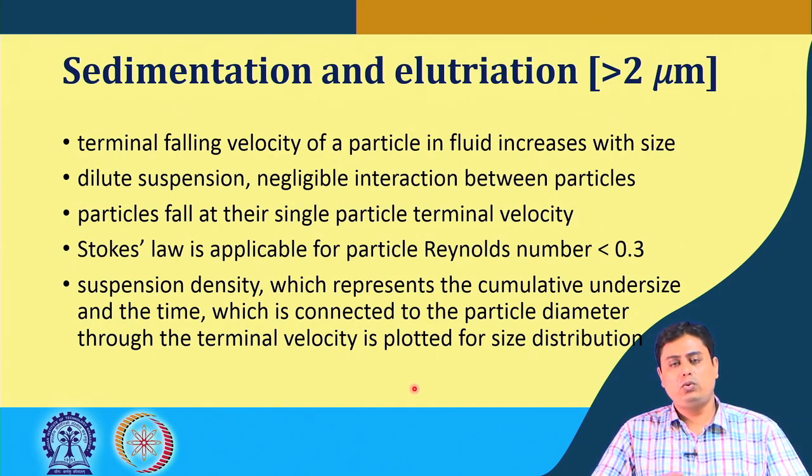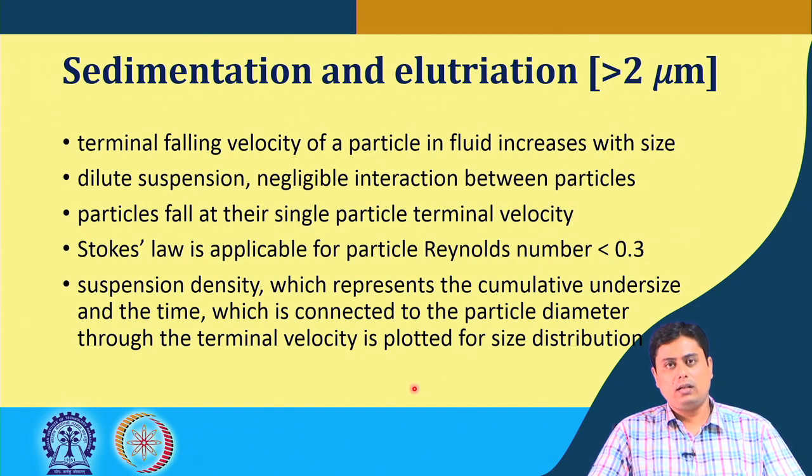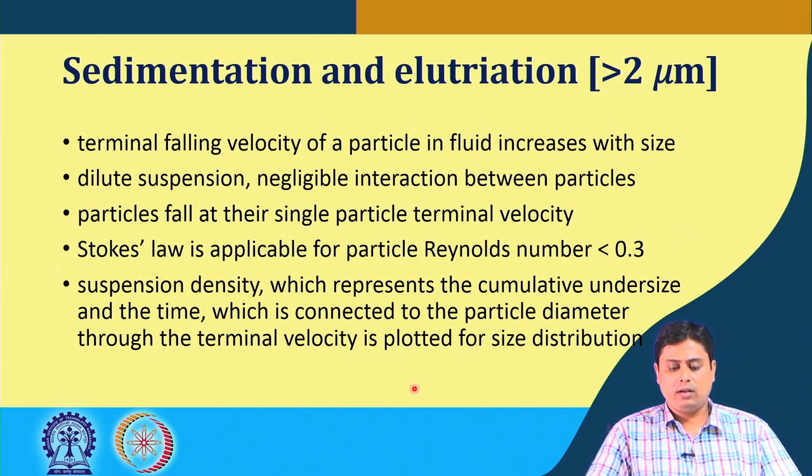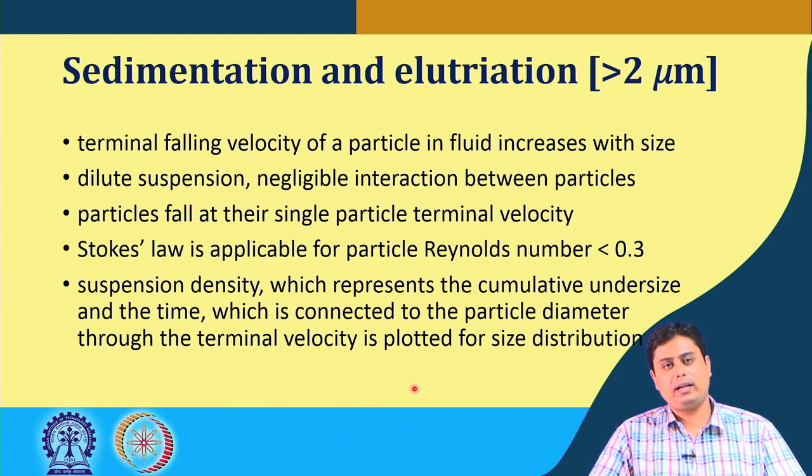So, we plot these two pieces of information and we get the size distribution: the bigger size particles fall at a higher rate, and the lower size particles will fall at a smaller rate.